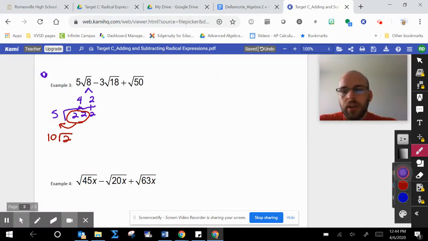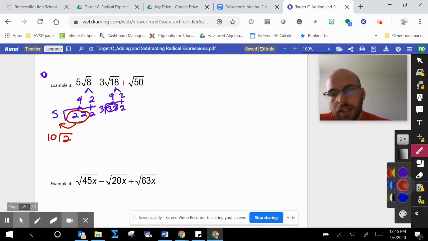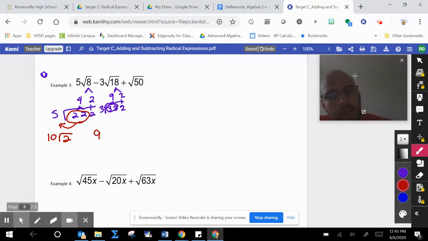That's the first radical. So let's see what we can do with the next one. So I have now break down 18 to 9 times 2, 3 times 3 times 2. So I can take a 3 out. That's going to give me a 9 square root of 2.